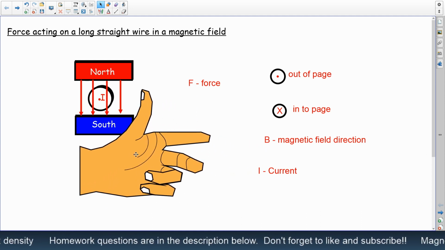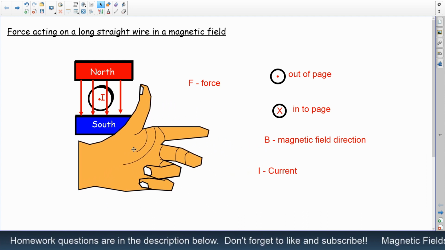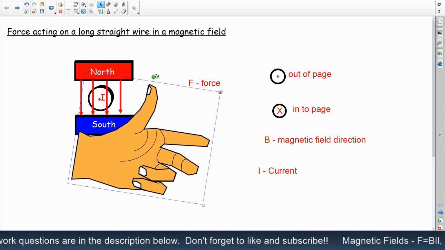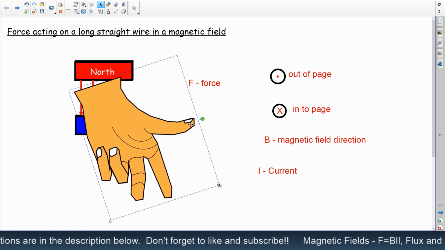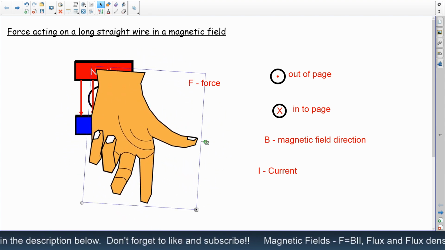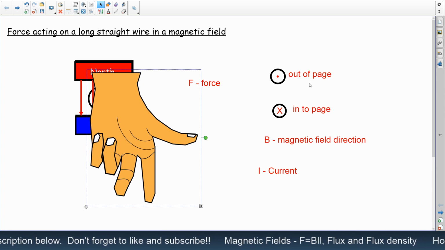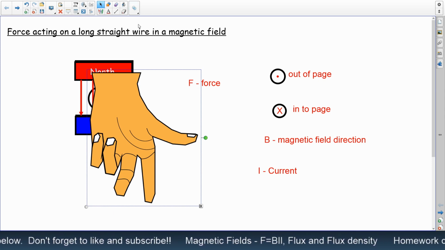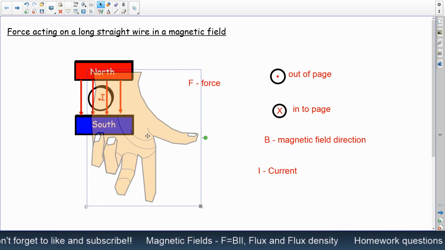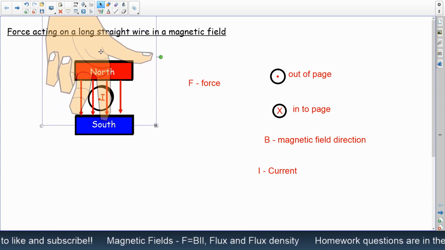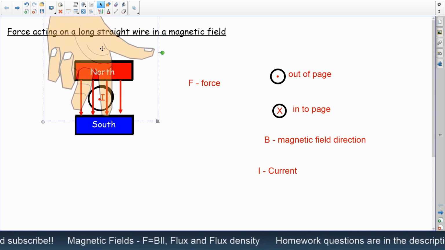So let's try that. Let's take our little hand here, and we'll do our magnetic field first. So we'll rotate our hand around like this, and we have our magnetic field pointing downwards. Let's increase the transparency of this image so we can see both at the same time. Okay, so I'm pointing downwards with the magnetic field.